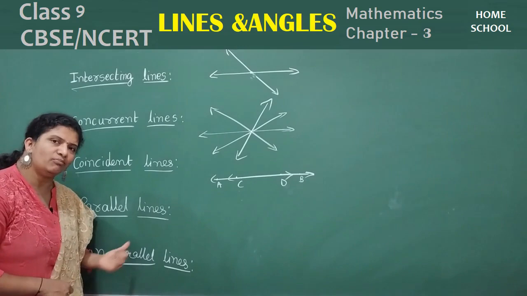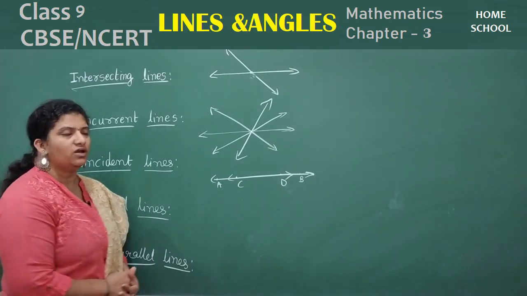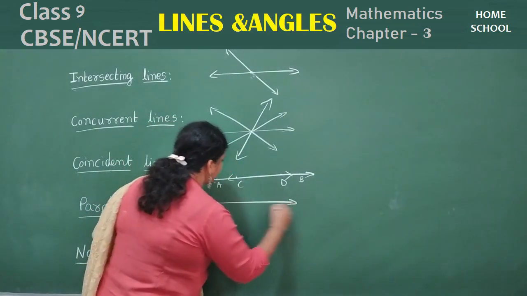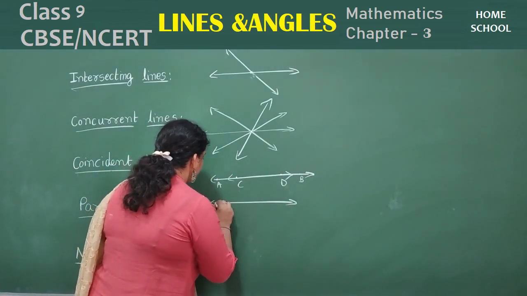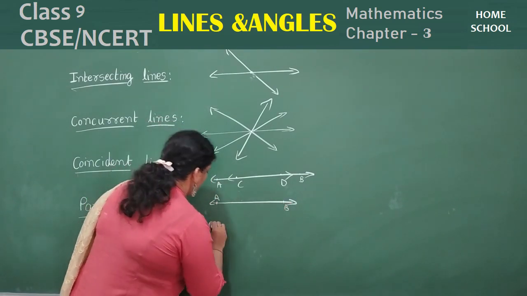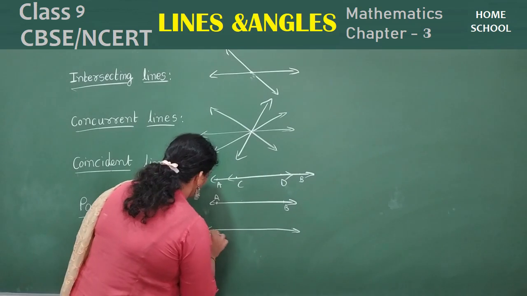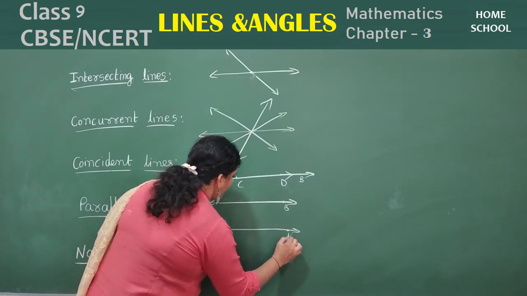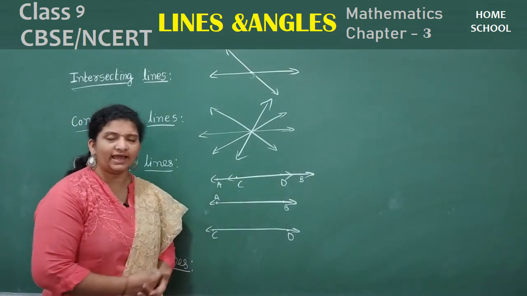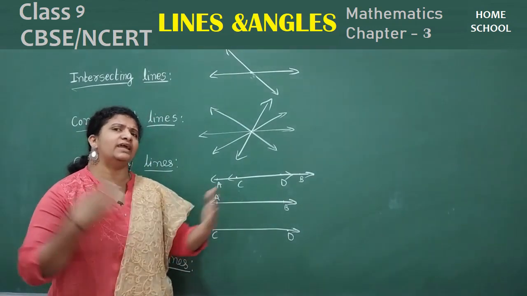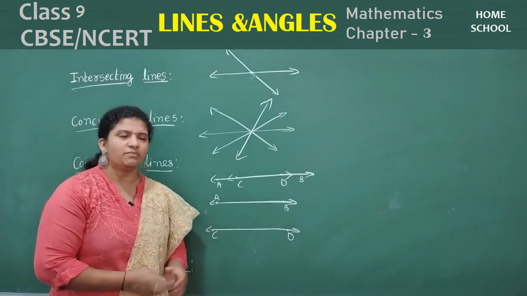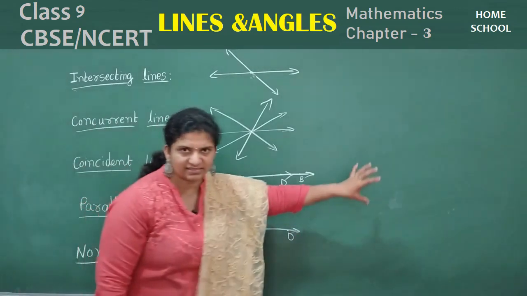So, next, very important, parallel lines. What do you mean by parallel lines here, children? So, let me draw two lines here. Let me mark here A, and this is B, and one more line if I draw C and D. So, what are parallel lines here? Two or more lines are extending indefinitely and they never meet. Suppose if I extend these lines, what happens?